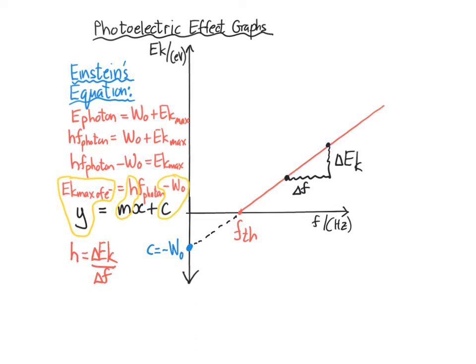Now, looking here, you can see that here is 0, so this value, which is an imaginary value, and by imaginary I don't mean it's an imaginary number in the context of square root of -1, I mean it's actually not a physical value that would be measured in the experiment, but rather extrapolated, we find that this is a negative value, but yet it's equal to negative work function.